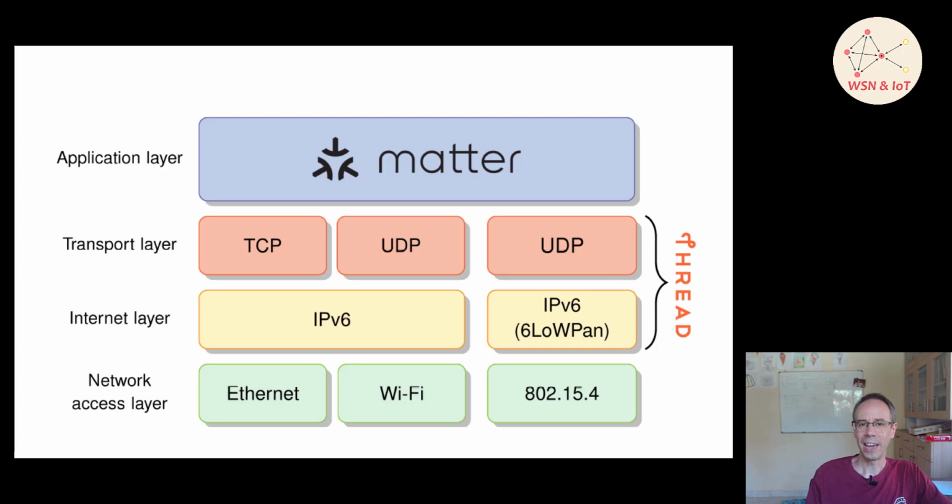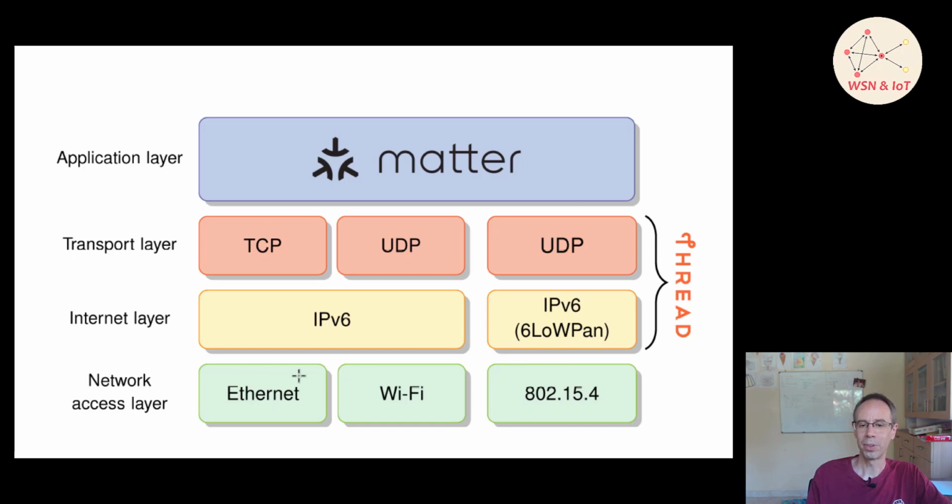So let's take a look at the layers. Here you're seeing the layers. We have the network access layer, the internet layer, the transport layer, and the application layer. The lower layers are not interesting for us at the moment. The important thing is that they are based on Ethernet, Wi-Fi, and 802.15.4, the IEEE standard.